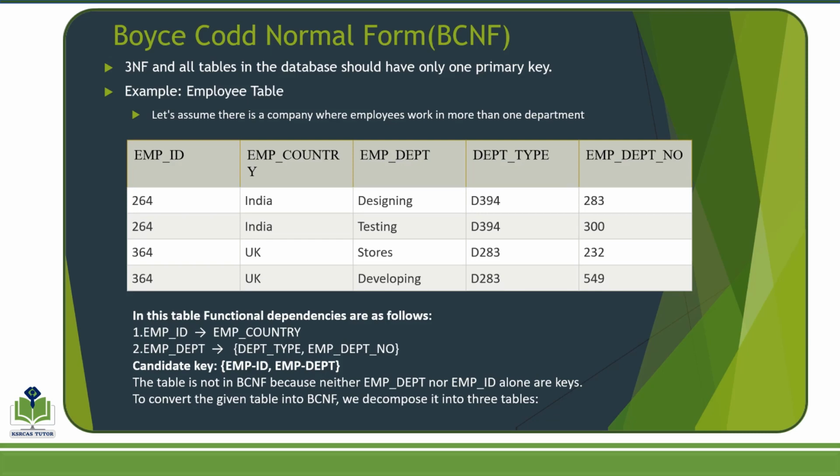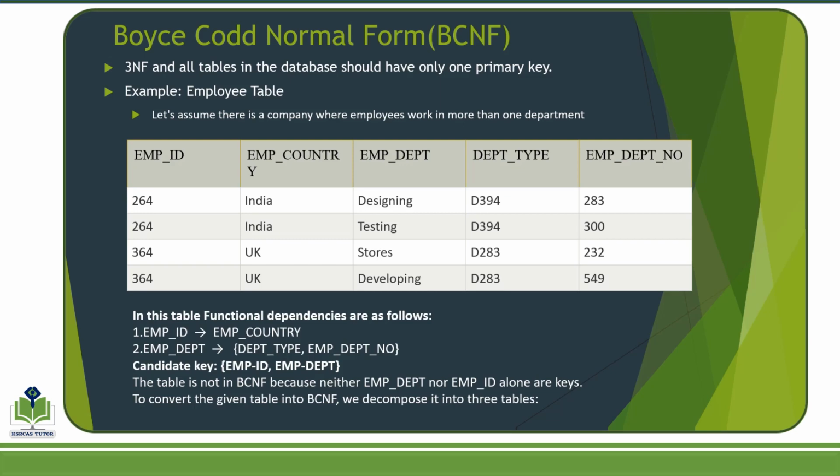Now let us assume an example called the employee table. In this, we assume the employee ID, employee country, employee department, department type and employee department number. In this table, functional dependencies occur, such as on employee ID and employee department. Based on the employee ID, we can find out the employee country. Similarly, based on the employee department, we can find out the department type and employee department number.